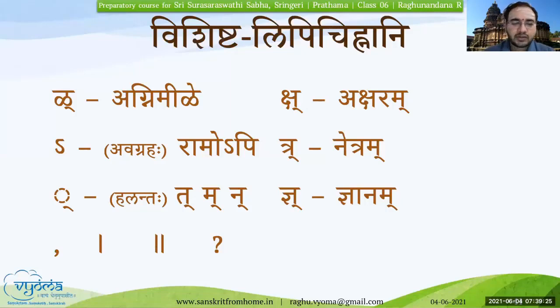And these symbols in the last line are some of the common symbols that are used in Sanskritam as in any other language. So a comma is for a pause when you are telling a particular sentence. And the second one, the ekadanda, is basically used to say it is a full stop. And the dvidanda, which is two dandas. These two in combination are used while writing the shlokas.